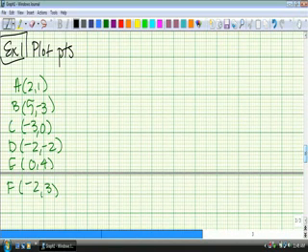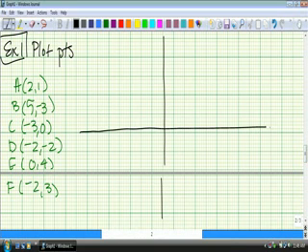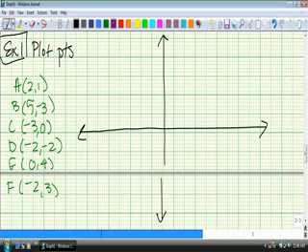Alright, in order to plot points, what do I have to have? A coordinate plane. Okay? So, if you don't have graph paper, you'll just make a rough sketch. If you do, you'll make a better sketch. Alright, so when I go to plot my points, where do I start off at?